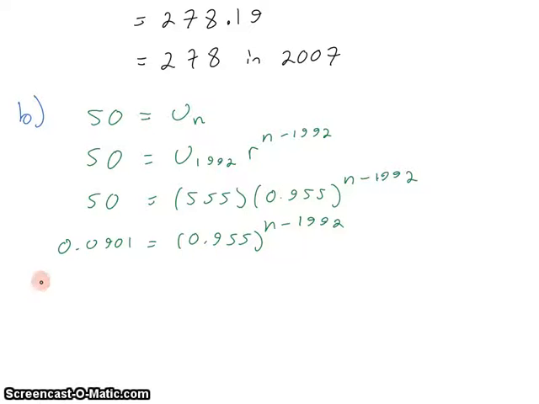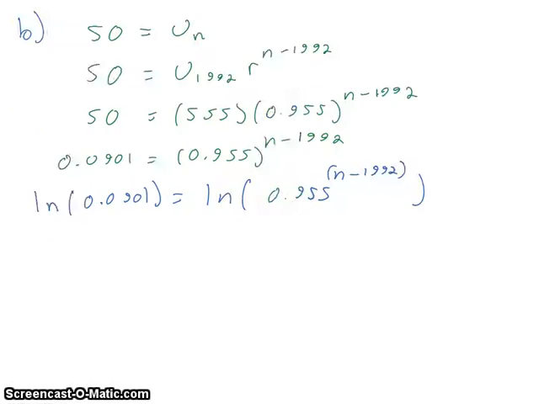It comes from logarithms. So this is the natural log of 0.0901 is equal to the natural log of 0.955 to the power of n take 1992. So I took the natural log of both sides.